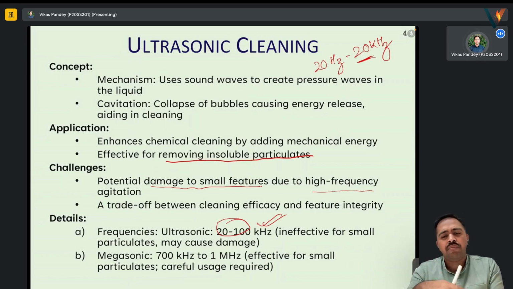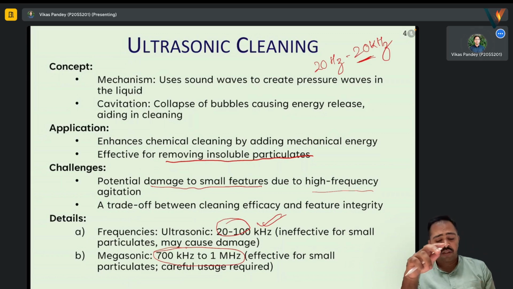It is the same thing but at a higher frequency, in the range of 700 kilohertz to 1 megahertz. This is more effective for small particles, which ultrasonic is not. But this will damage the features even more, so we have to be very careful in using this.